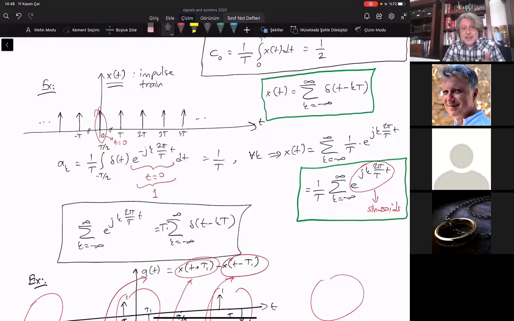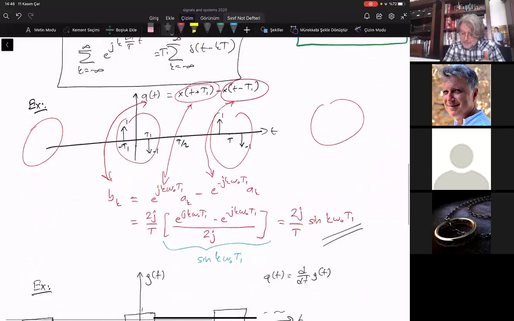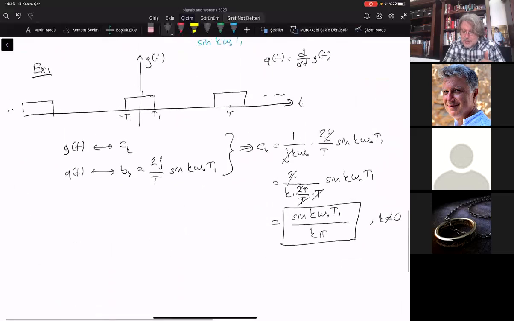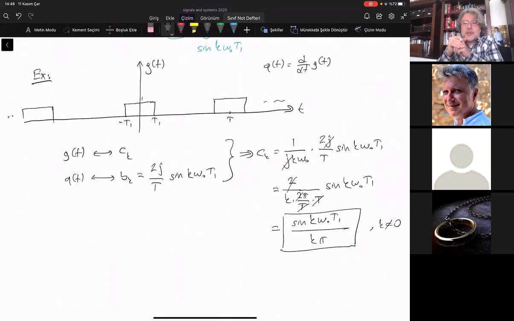From there, it is still possible to come up with the Fourier series coefficient values of the rectangular box train. So everything is consistent with one another. This was one very important example that I would really like to show you.